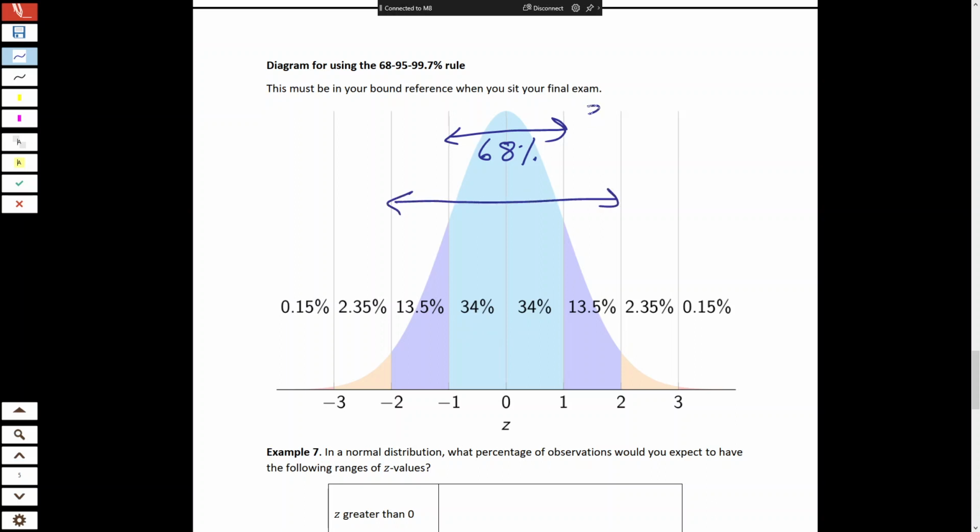So I might write this here. 34 times 2 is 68. 13.5 times 2 is 27. 27 plus 68 is 95.